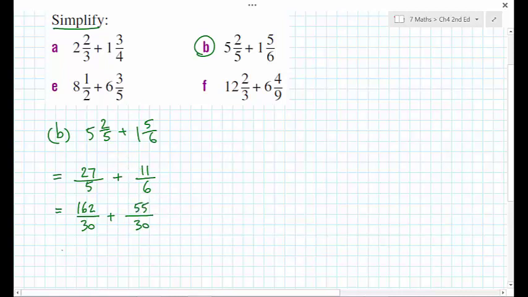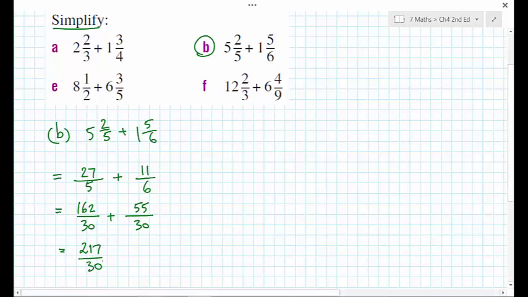Now that I've got it over a common denominator, I add my top row. If I add this together, I get 217 over 30. I then need to try to simplify that as best I can.